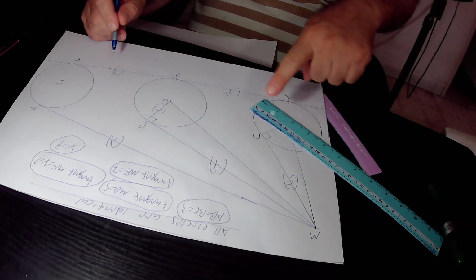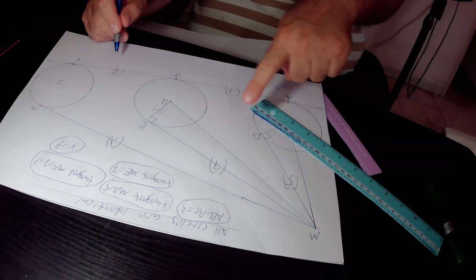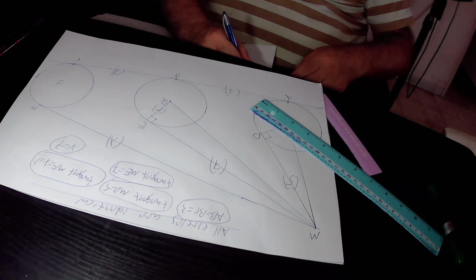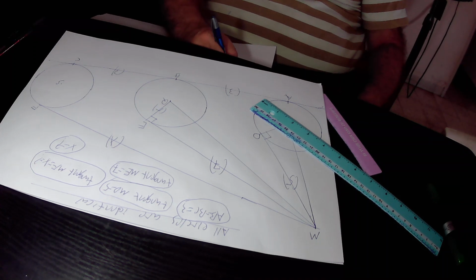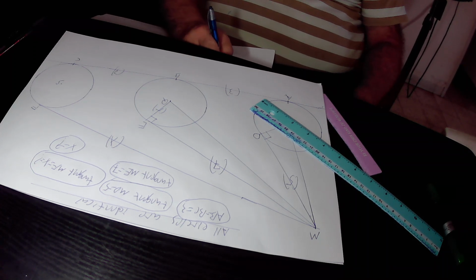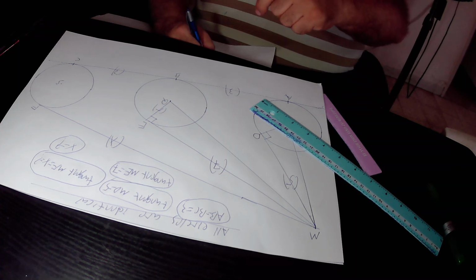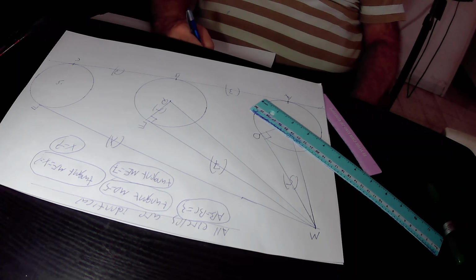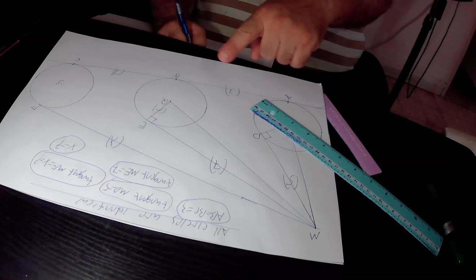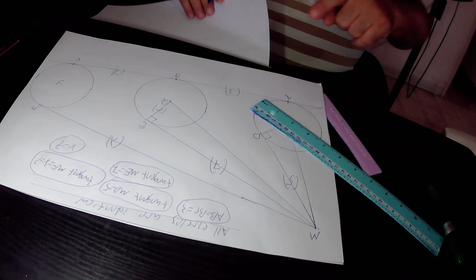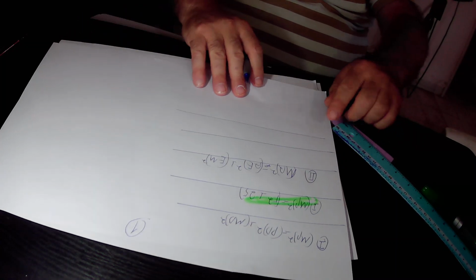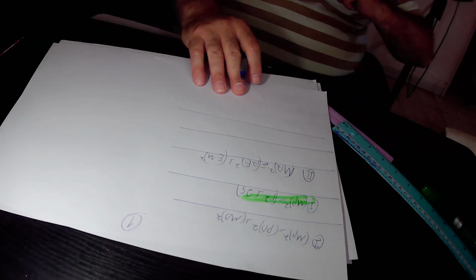In the next step, we apply the Pythagorean theorem on this right triangle MQE. According to the Pythagorean theorem, in this right triangle MQE, MQ squared, that is the square of the hypotenuse, is equal to QE squared plus EM squared.